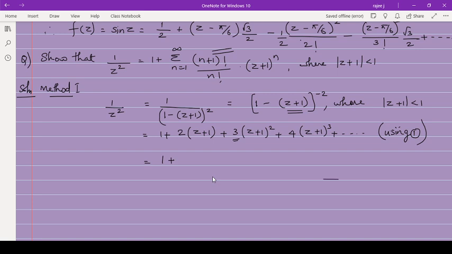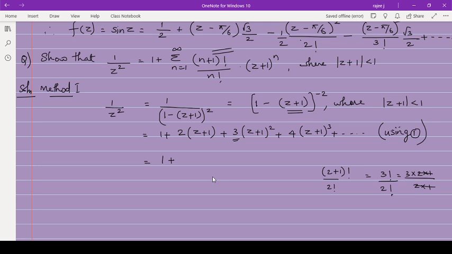When it is 3 there, if I write 3 as 3 factorial by 2 factorial, I am writing this 3 as 2 plus 1 factorial by 2 factorial. 3 factorial means 3 into 2 into 1, by 2 factorial is 2 into 1. So they cancel, you are getting 3 here.